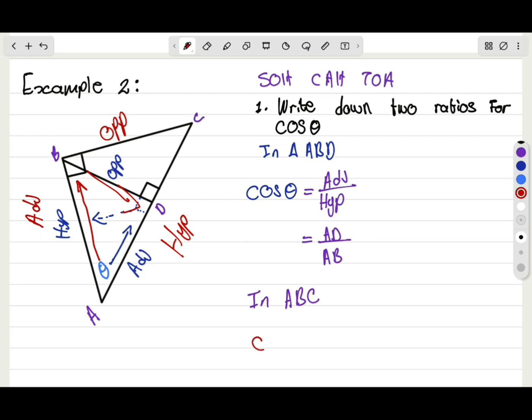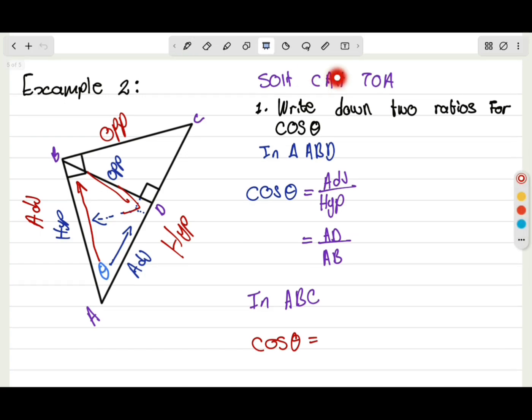So cos of theta is equal to adjacent over hypotenuse, using your shortcut. You're going to find your adjacent side, which you already identified in terms of theta.